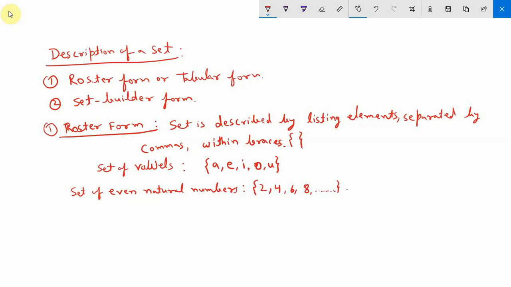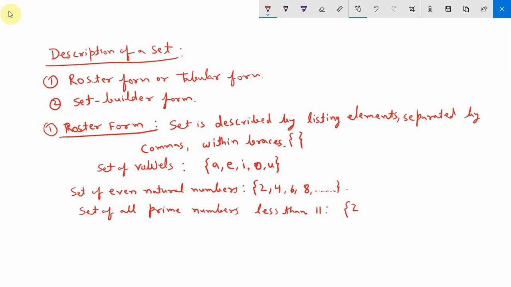Then set of all prime numbers less than 11. How we can write that? Set of all prime numbers less than 11. So what will be all the numbers?